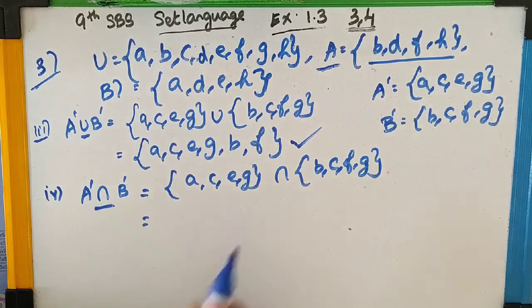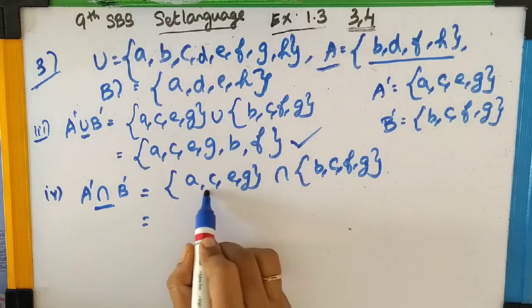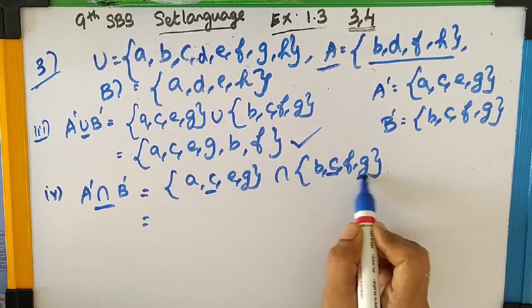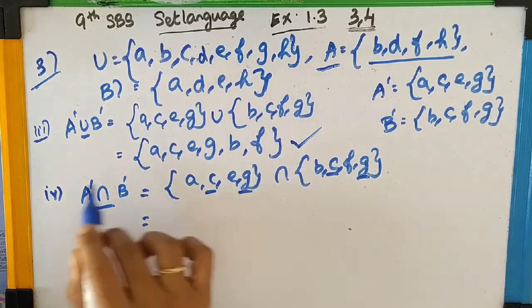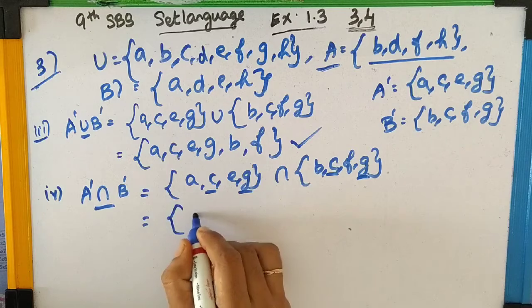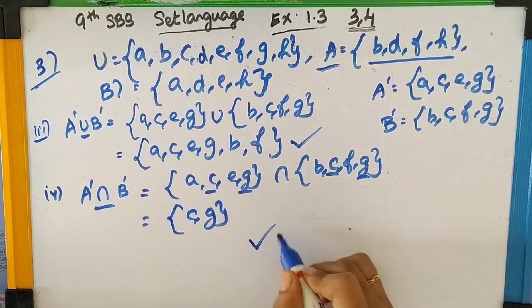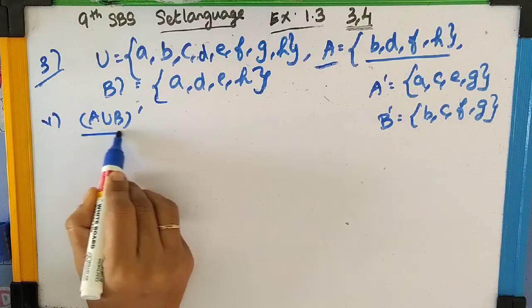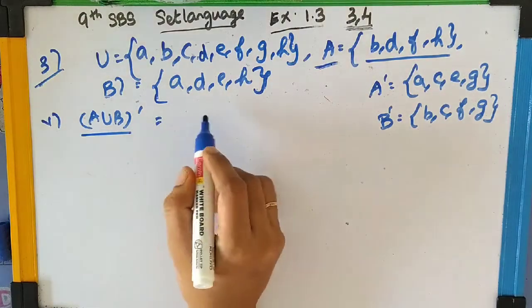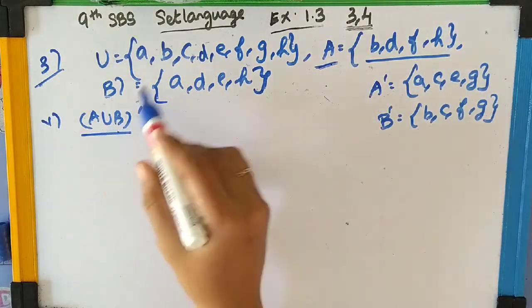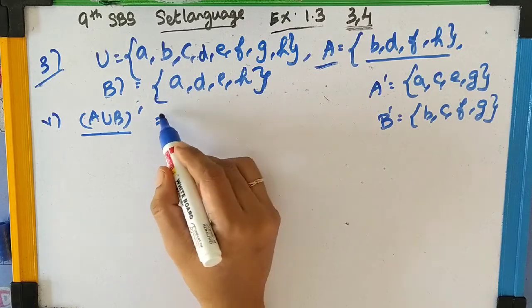We should write only the common elements. So, what are the common elements here? C and G. Therefore, A dash intersection B dash is equal to C, G. Clear?